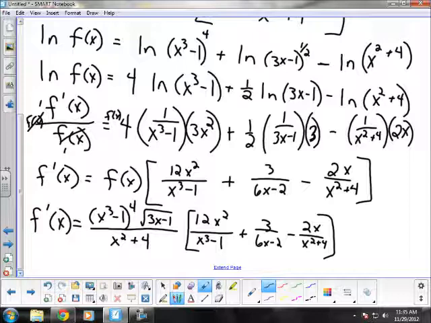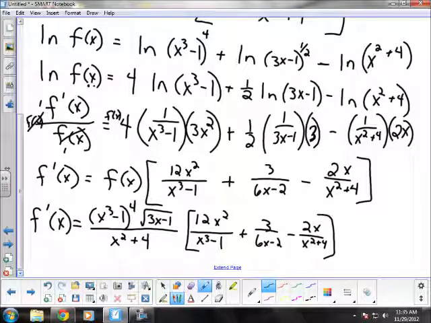The only thing you're going to have to remember is that when you take the derivative of the ln of f of x, you get the derivative of f of x divided by f of x, right? I kind of skipped that step and just wrote it down, but you understand why, yes? Because the derivative of the ln of something is 1 over that thing times the derivative of that thing. So I put it together, kind of slid past it, and it messed Jade up a little bit, I think.